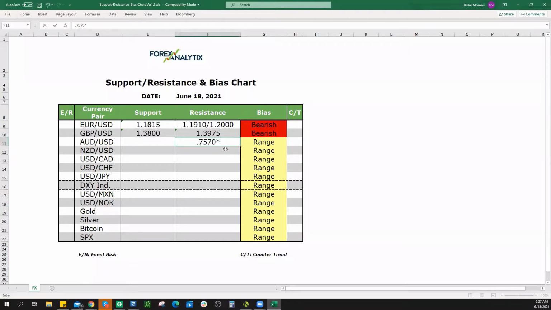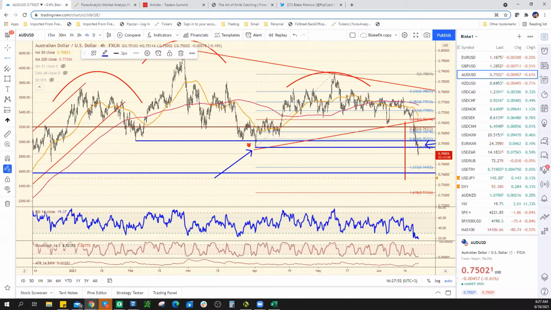How many people are in that boat right now? They're down 50 pips, going, if I end up making money, think about how many times you've had that conversation with yourself. You're negative, and you're in a trade. Let's just use this example.